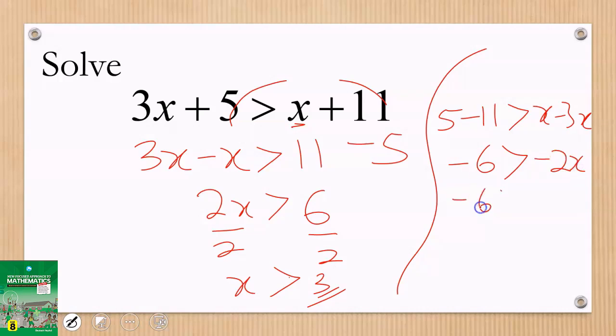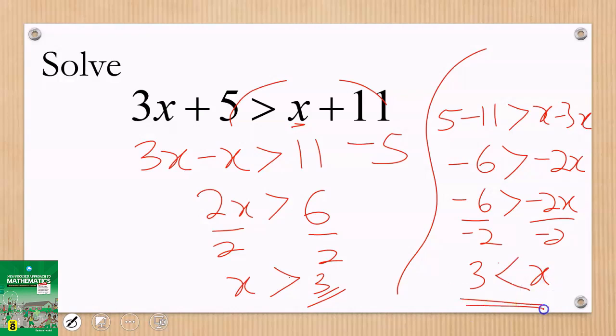So if I divide both sides by negative 2, then I have to change the sign, and this is going to give me 3 less than x. So here I will say 3 is less than x. Here I will say x is greater than 3. And here if I say 3 is less than x and I want to say x first, which we must always do, we say the variable first, they will say x is greater than 3.